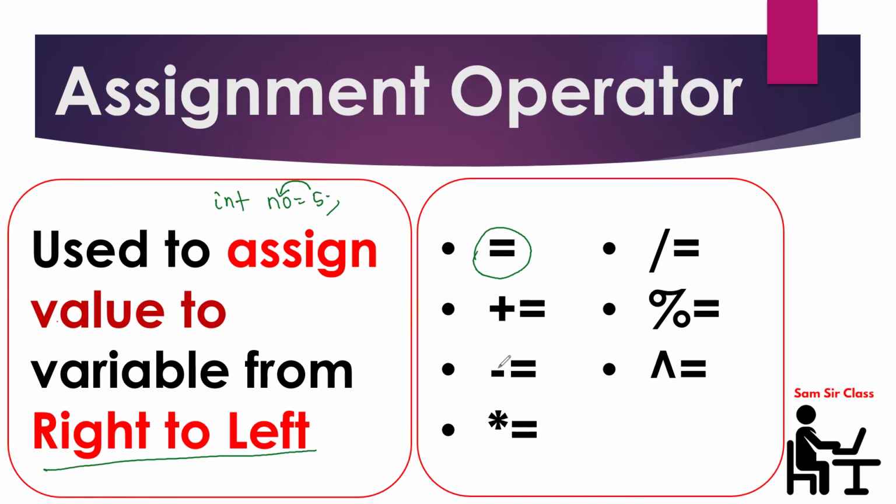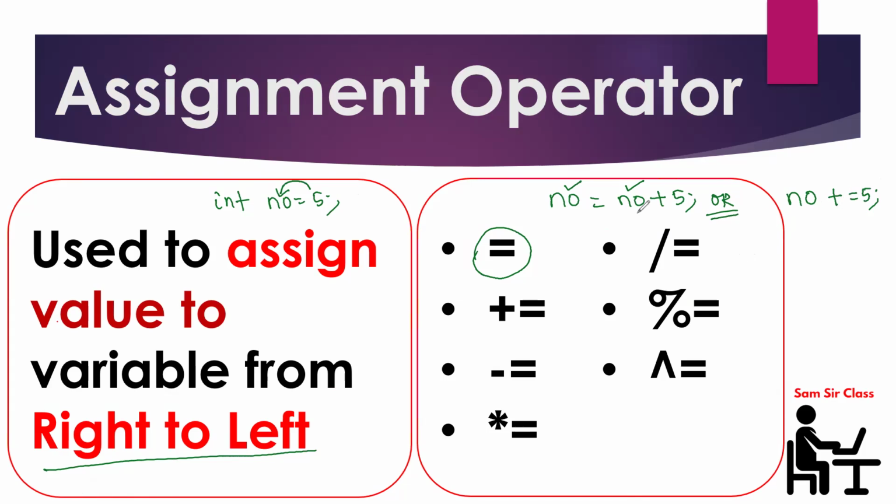But what is the meaning of plus equal, minus equal, multiplication equal? Suppose there is an expression number equal to number plus 5. That means we are doing an operation on a variable and assigning the updated value to the same variable. Then this expression I can write as number plus equal to 5.